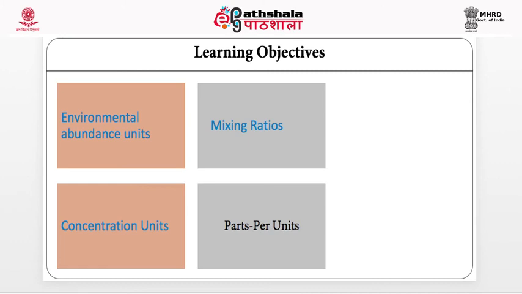The objectives are to define exponents and symbols based on SI units, to define molarity and molality, to define number density and mixing ratios, to define parts per notation by volume and parts per notation by mass.